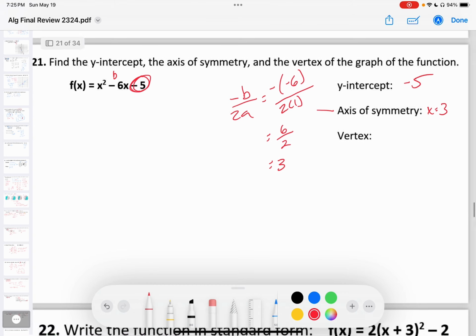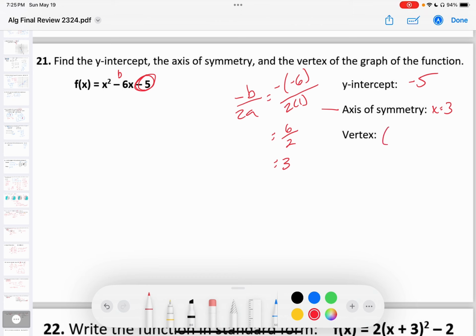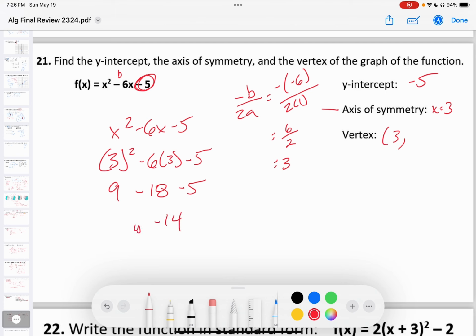And our vertex then would be 3, comma, and I'm going to use that equation, x squared minus 6x minus 5, replace the x with 3, and evaluate this. 3 squared is 9, 6 times 3 is 18. 9 minus 18 is negative 9, negative 9 minus 5 is negative 14. That's the y value of our vertex.